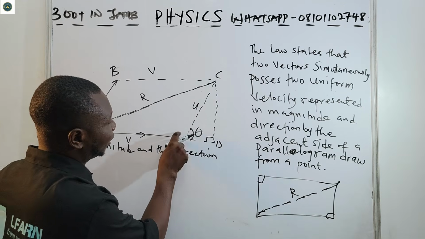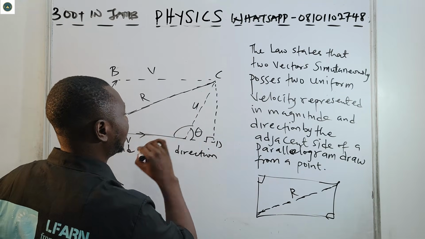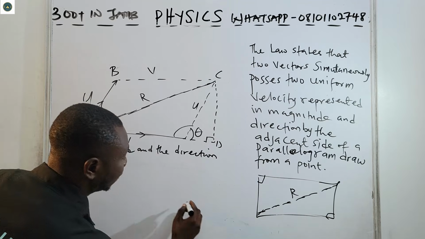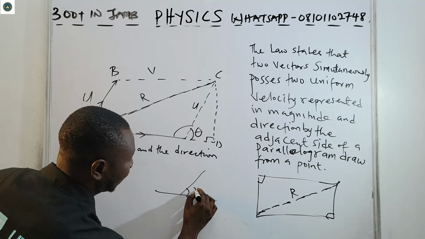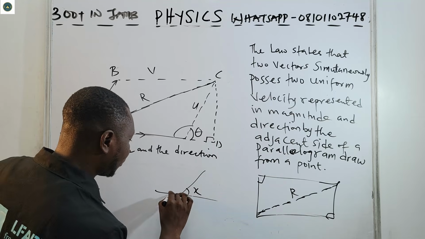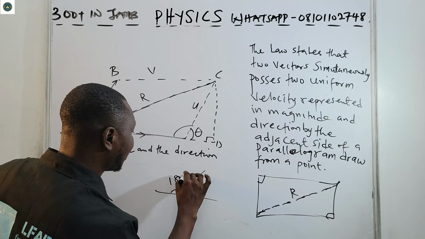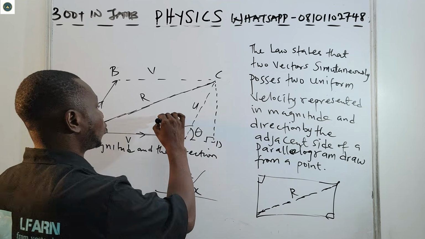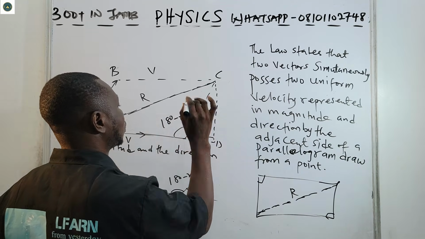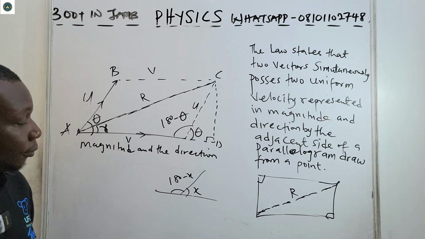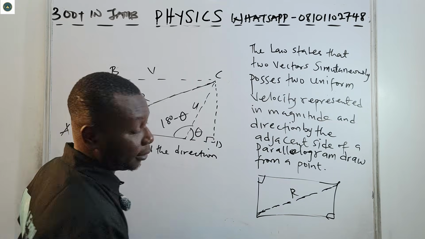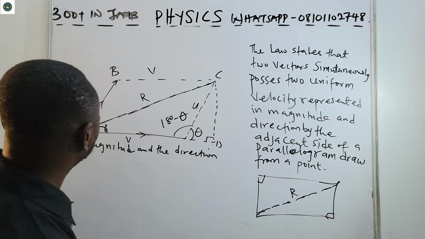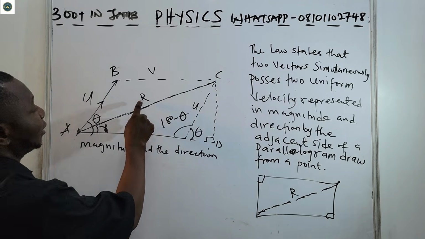If here is X, for me to get here, it is 180 minus X, since angles on a straight line sum to 180. So definitely here is 180 minus theta. So here is gamma, here is R.